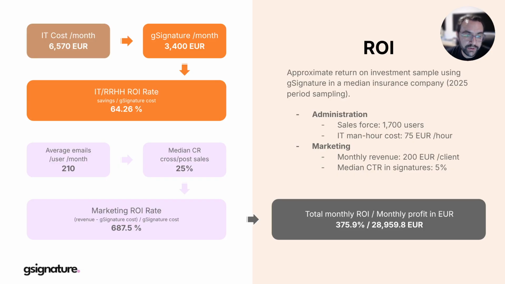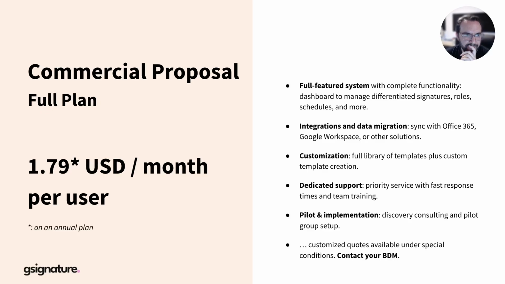So, and if you've been wondering about pricing this whole time, because everything costs a little bit in life, here it is. The G-Signature standard plan, or full plan, formerly called premium, but we found out that premium made clients think that it was some kind of luxury tier with unnecessary extras.